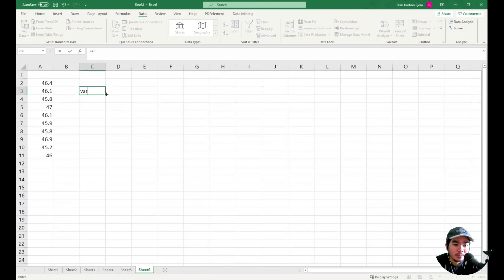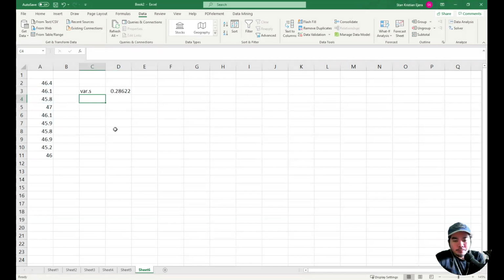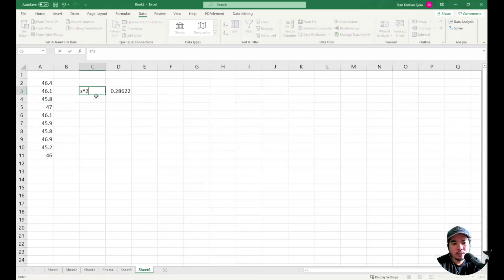So, gawin natin is, pero thank you, Kenneth, for that note. So, gawin natin is equals var.s. Sorry. So, this is var.s of the dataset na to. So, this is our variance. Tapos, kunin natin yung, or I can just say S squared para mas magmatcha doon sa formula natin.